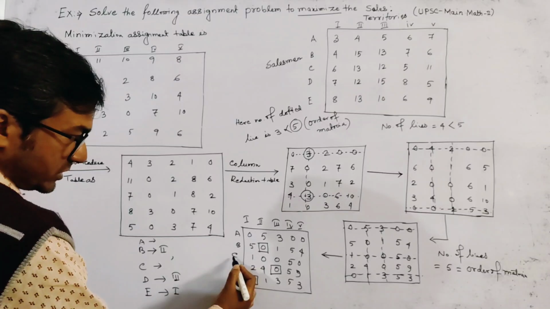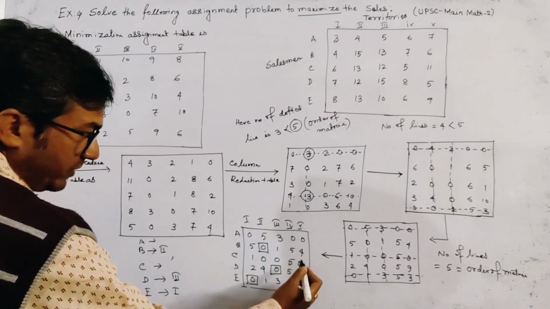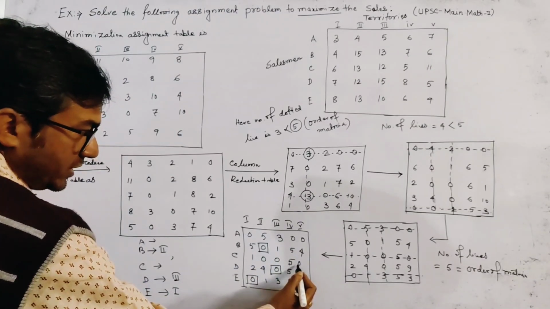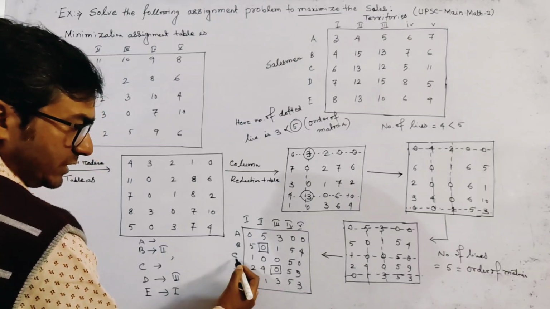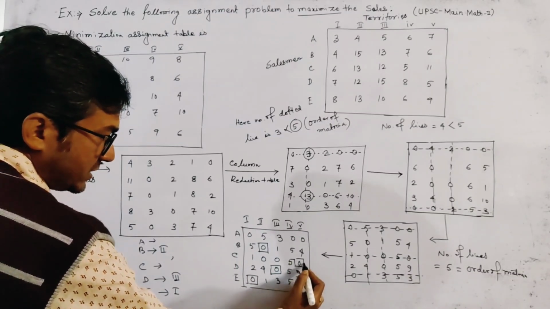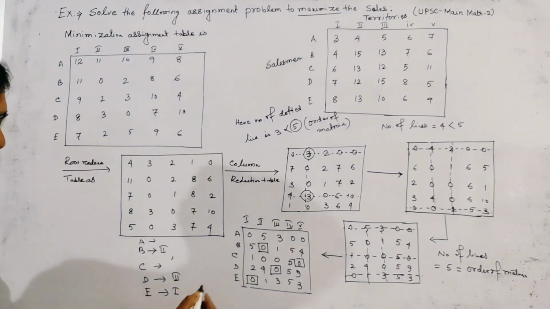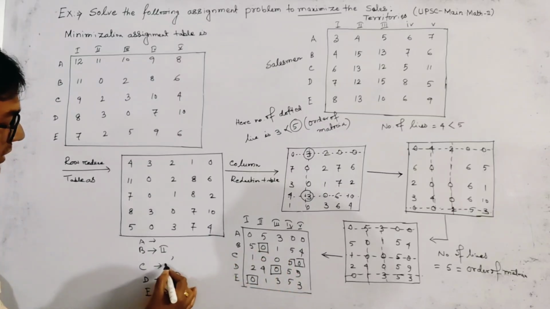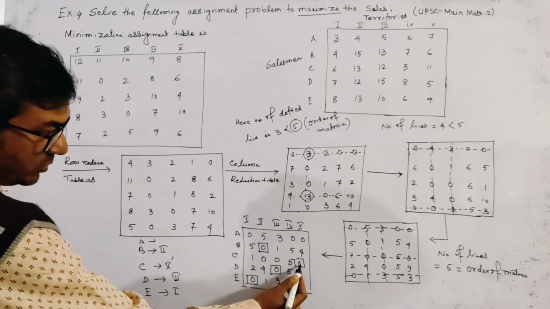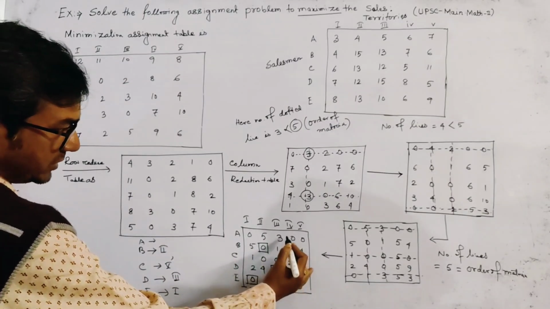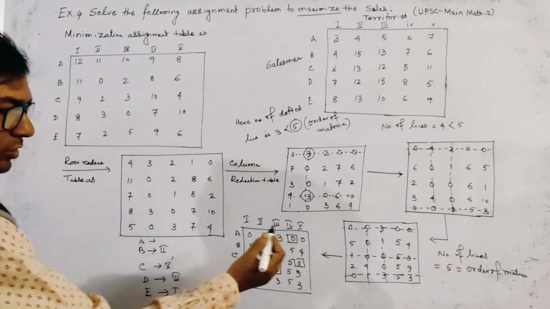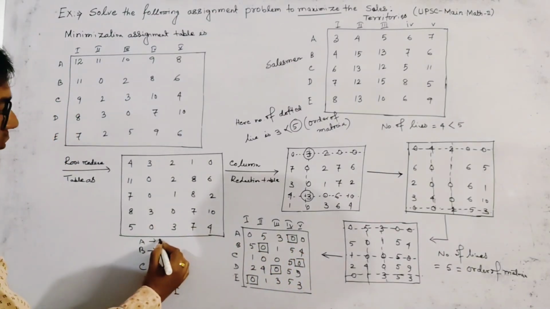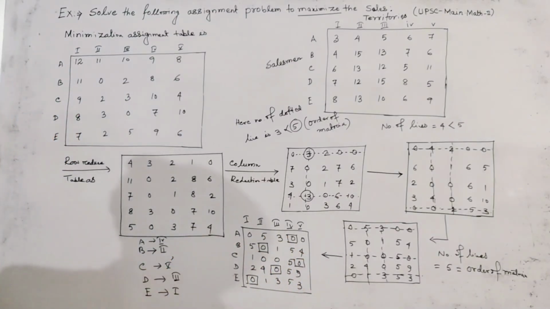Here we see that between 4 and 5, there is only a 0 in 5 for C. So we assign this territory, C to 5. Now there is only one left. This is 4, which is for A, and we assign 4, and this is the complete assignment.